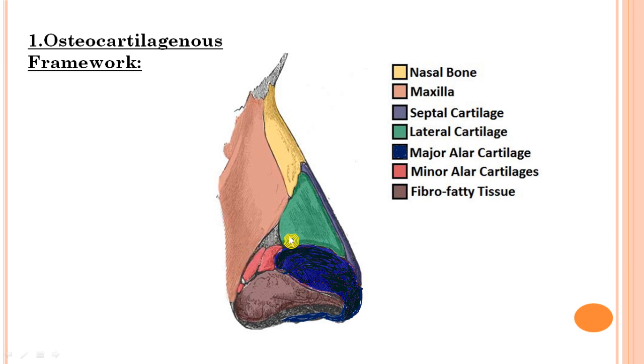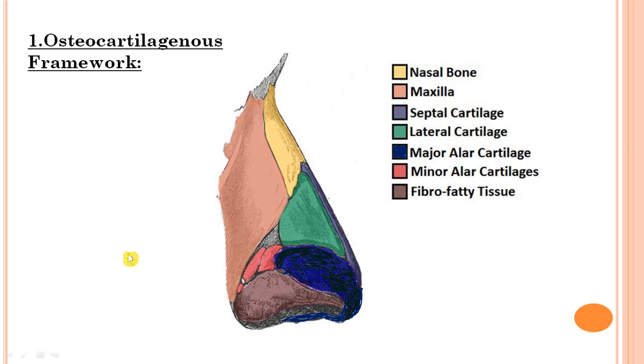This surrounding structure will be called the nasal wall. It will be explained shortly. For now just know that the lateral cartilage extends from the nasal bones up to the alar cartilage, and its lower border takes part in the formation of the nasal wall.